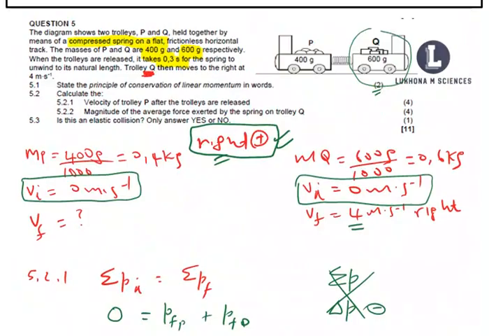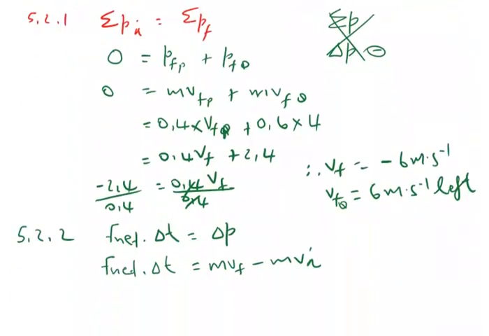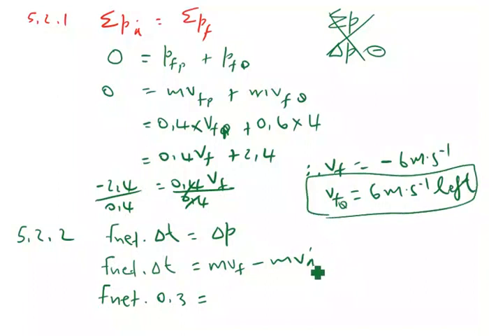So the time is 0,3. We have F net times 0,3. So this is the final velocity of Q. We said take right as positive, so this one will be negative, as you can see.